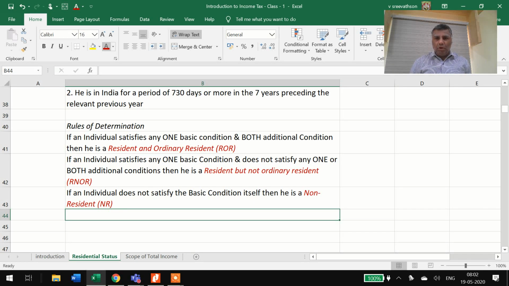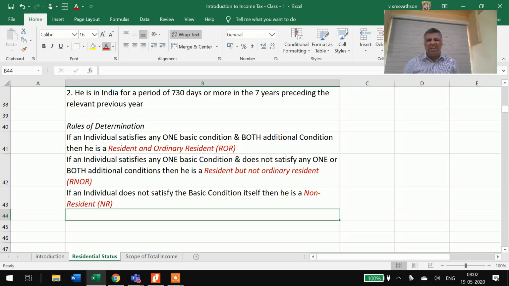If even one of the basic conditions is satisfied, R is ensured. If basic conditions are not satisfied, not at all R. If R is ensured, then I come to the additional conditions. Two additional conditions: in the last 10 years, 2 years he should have been a resident. Resident is one who satisfied the basic condition. And 730 days or more in India.